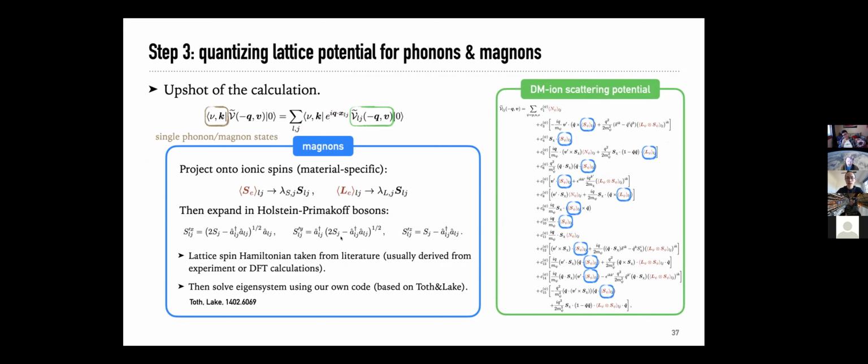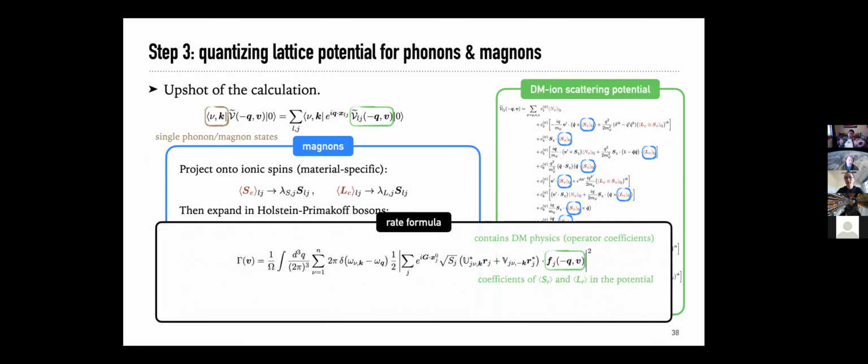And again, we can get the lattice spin Hamiltonian, purely derived from experiment or DFT calculations, and then solve the eigensystem to find the canonical magnon modes. Sorry, magnons are the same thing as spin waves or not? Yes, magnons are quantized spin waves. Yeah, quantized spin waves.